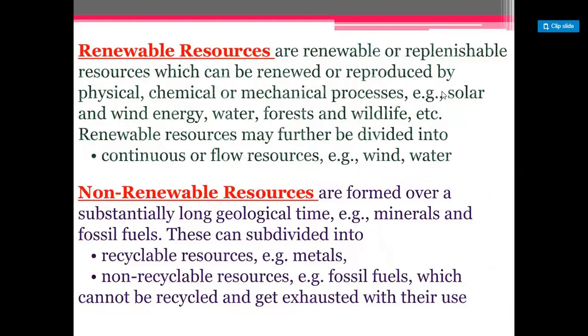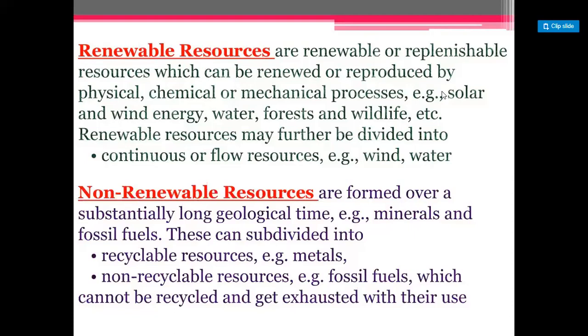That is called renewable. Example, solar and wind energy, water, forest, wildlife. And renewable resources may further be divided into continuous or flow resources. That is wind and water.